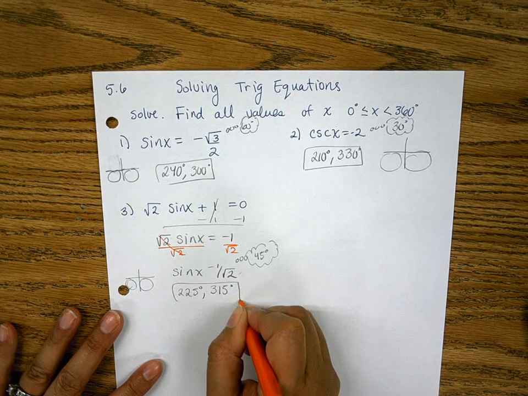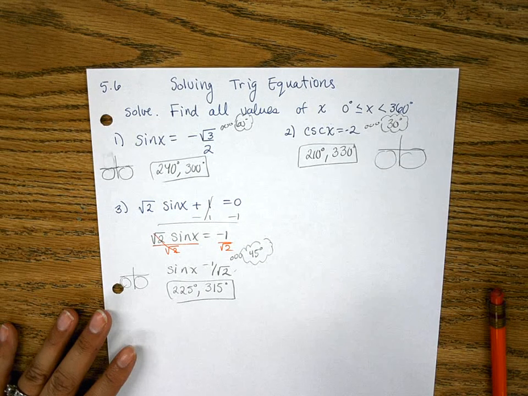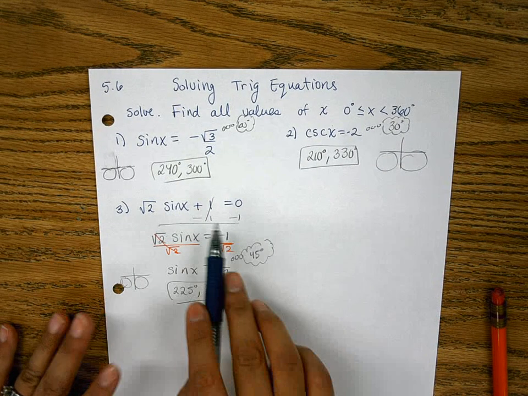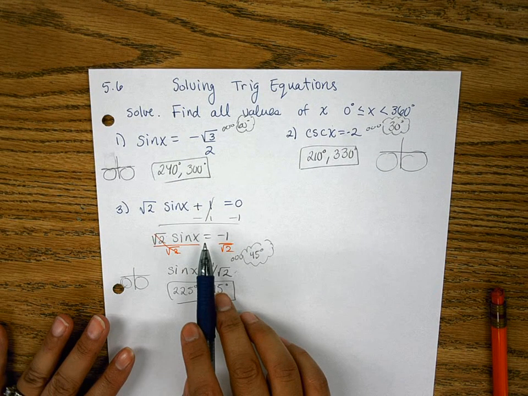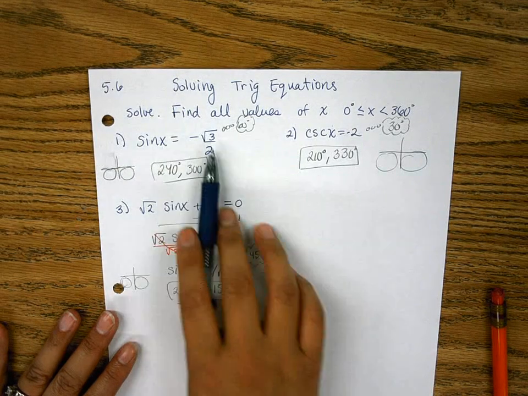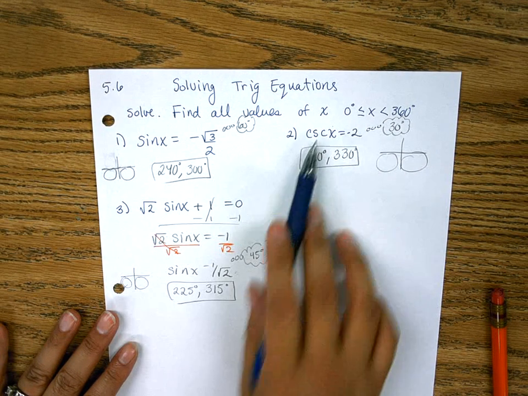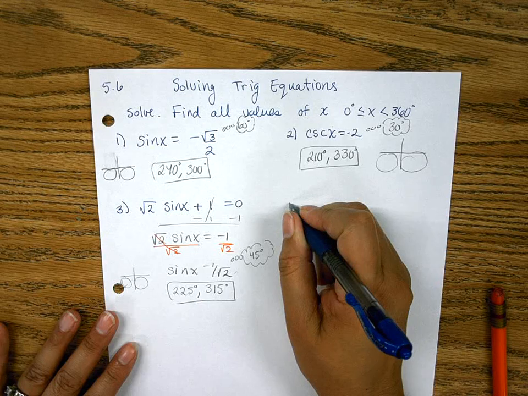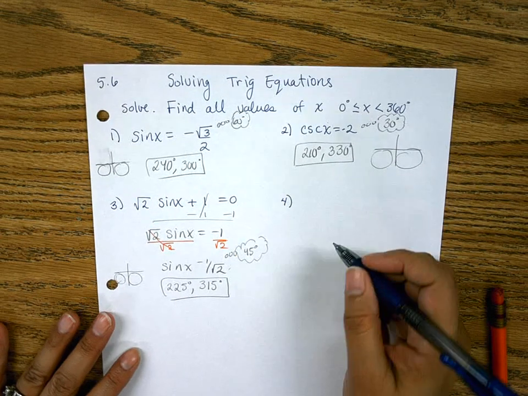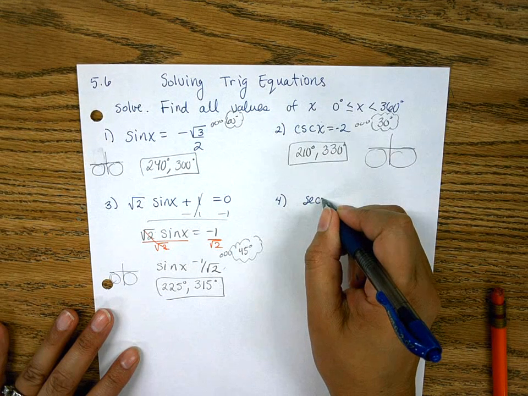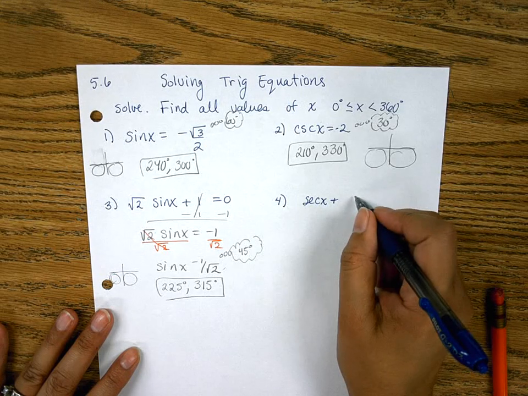That would be 225 and 315. So this should feel like review. Really, the only new stuff is you're moving things around, which isn't something we haven't done. On the Unit 3 test, they looked like this or this. Now we're going to be moving things around, factoring, and so forth.